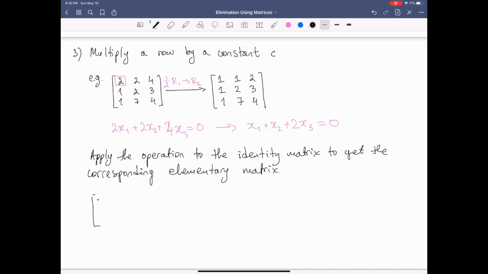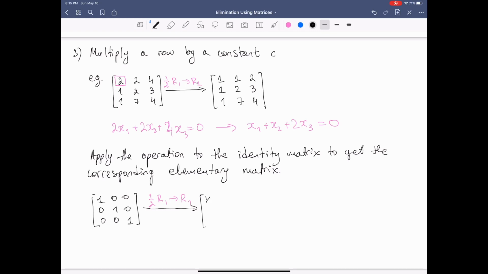So if we start with the identity, ones along the diagonal, zeros everywhere else, we apply this operation 1/2 R1 into R1. What that means is that I just have to multiply every number in the first row by 1/2.